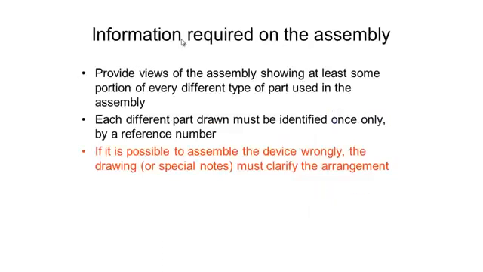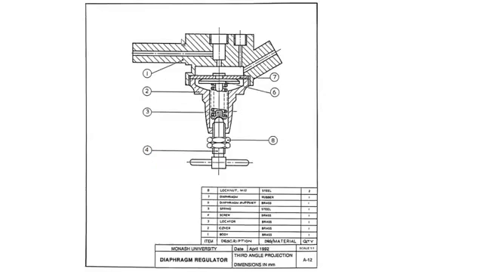So our next point is, if it is possible to assemble a device wrongly, the drawing or special notes must clarify the arrangement in a way that it is not possible from the drawing to assemble the device incorrectly. First thing, if we look at these nuts again, if you think about a nut, it can go on 2 ways.